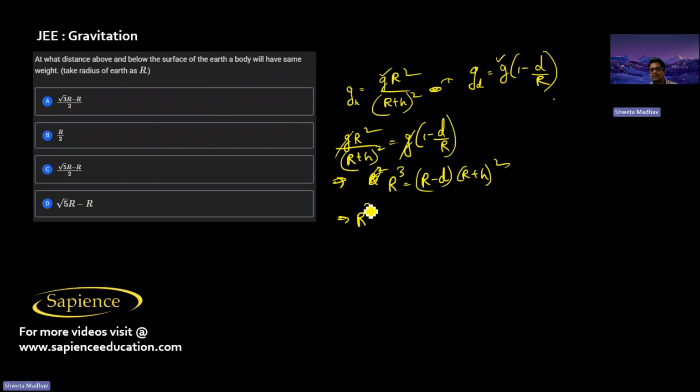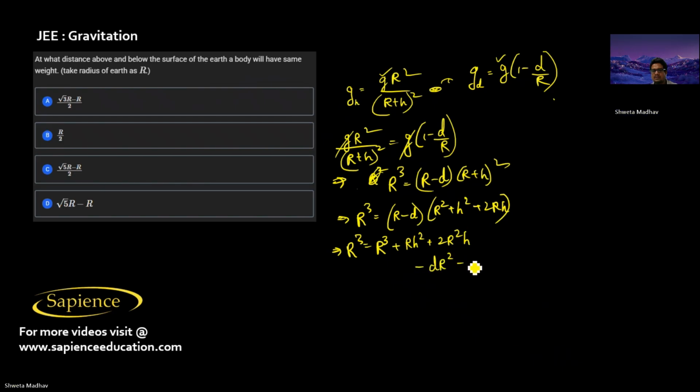This will be R cube equal to R minus d into R square plus h square plus 2Rh. It means that R cube will be equal to R cube plus Rh square plus 2R square h minus dR square minus dh square minus 2Rhd. R cube will get cancelled.